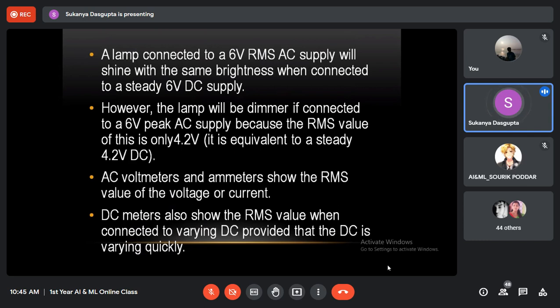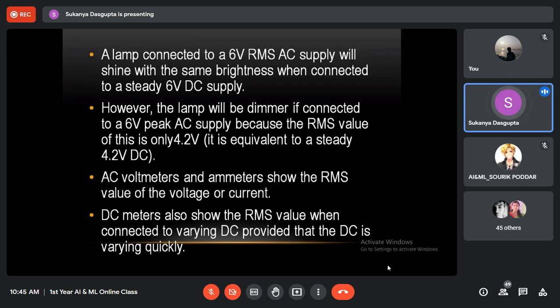Now let's see what is the significance of this RMS AC in practice. Suppose a lamp connected to a 6 volt RMS AC supply will shine with the same brightness when it is connected to a steady 6 volt DC supply.